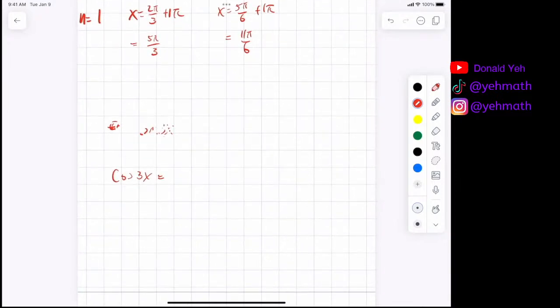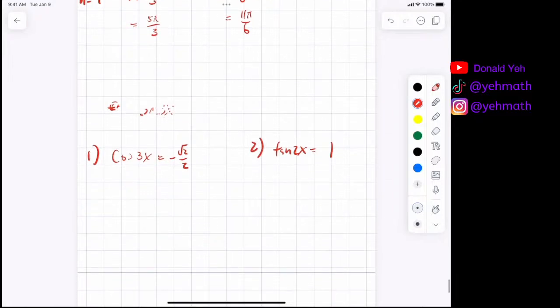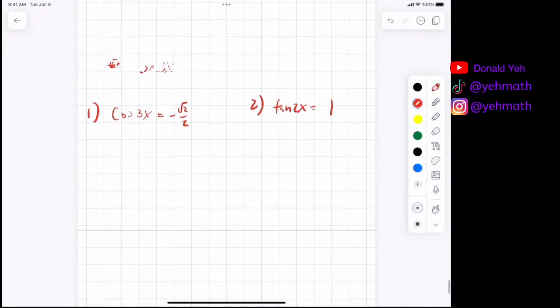Let's say, what kind of constant do I want? Let's do an easy one. So let's say negative square root 2 over 2. Okay. But I'm also going to do one for tangent of 2x equal to 1. That's the second one. Actually, I'm going to do 3x. Okay, start with the first one.